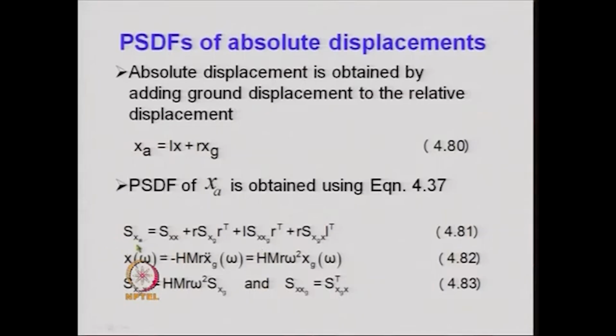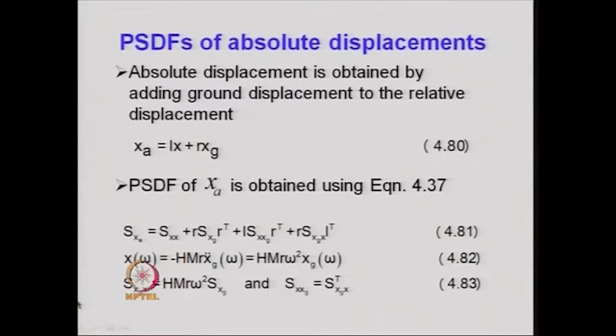So, once we have this expression, this term is known, we have already obtained it, and this is also given, because if the power spectral density function matrix of the ground acceleration is given to us, then from that one can construct the power spectral density function matrix of the ground displacement. In order to get the values of Sxg and Sxgx, we use these equations.